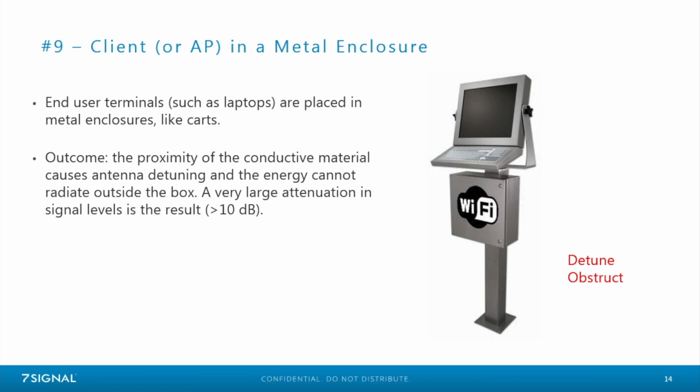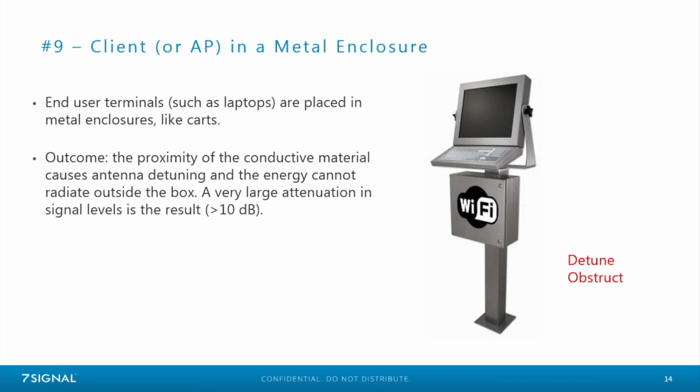Unfortunately, I've seen this too. It's pretty ugly. It's kind of amazing that it works at all, when you've got a Wi-Fi radio with the antenna inside a metal box. And of course, the way that problem report comes in is there's a problem with the Wi-Fi network, right? But this is a client issue.